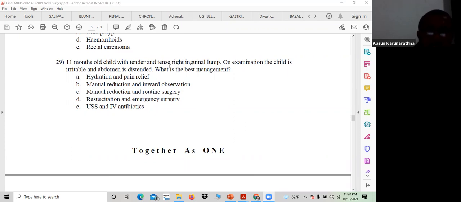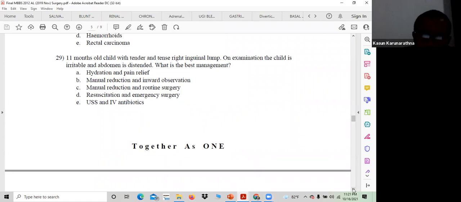Tense right inguinal lump, there's abdominal distension, the patient is irritable. There's obstruction, possible impending strangulation as well. So you should resuscitate the child and then do the emergency surgery. Manual reduction is out, right? The patient is ill, with impending obstruction. Resuscitation and emergency surgery should be the option.